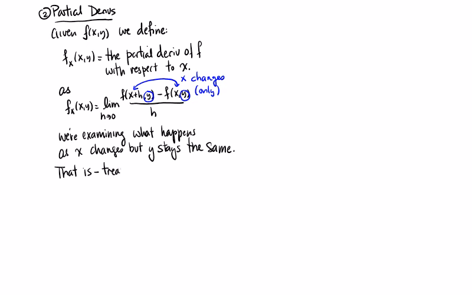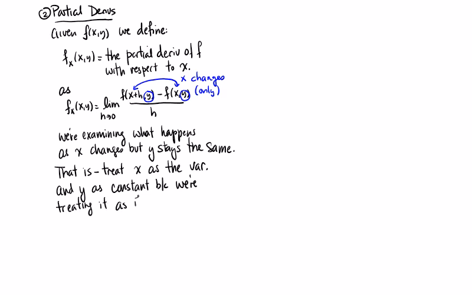Treat x as the variable and y as constant, because we're treating it like it's not changing, right? Where, let's say, treating it as if it doesn't change.